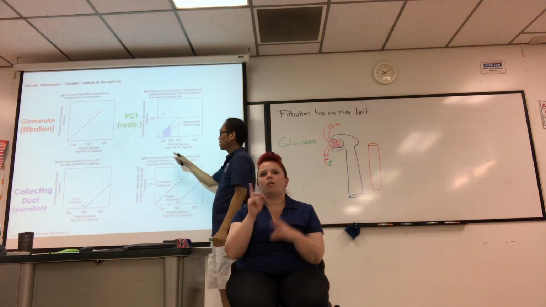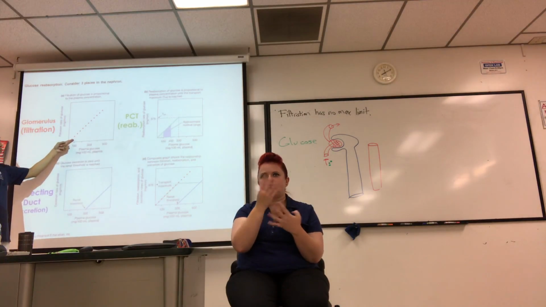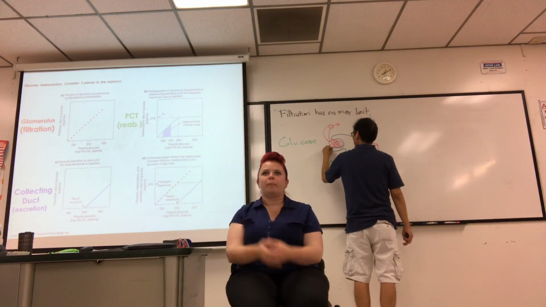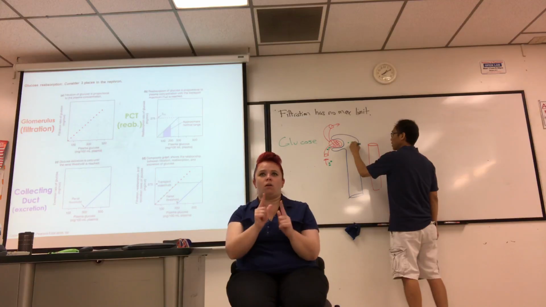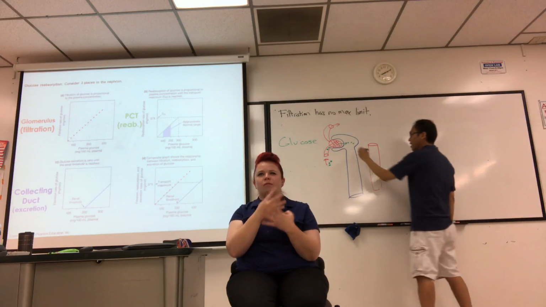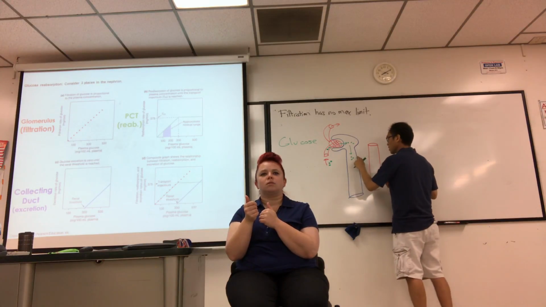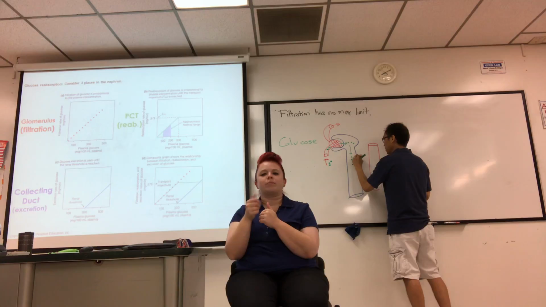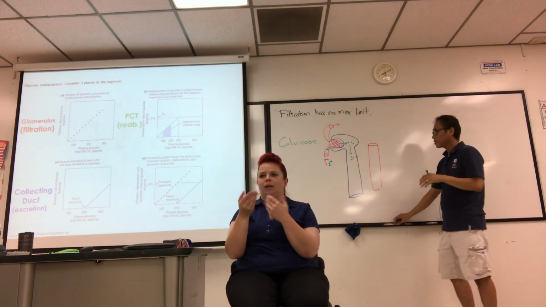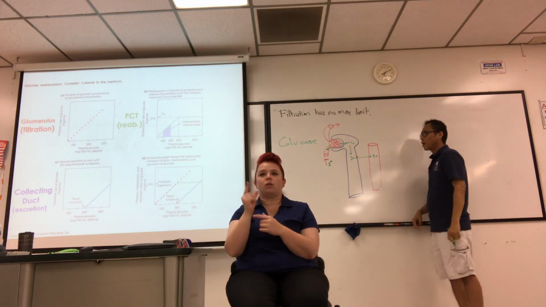Let's pretend you filter 100, and you filter all of it. It gets through the filtration membrane and flows past the PCT, where there's a transporter that will transport it at some rate, so that all the glucose is reabsorbed, 100%.